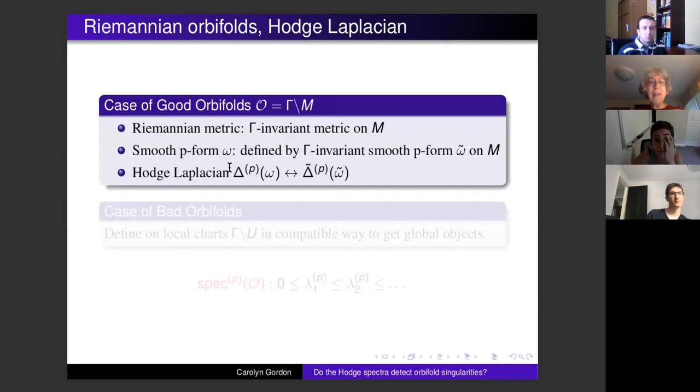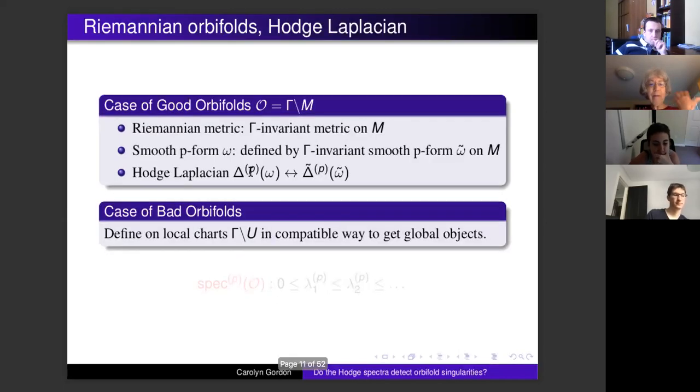To define the Hodge-Laplacian, forms on the orbifold just correspond to gamma-invariant forms on M. The Hodge-Laplacian on M will take gamma-invariant forms to gamma-invariant forms, since gamma is acting isometrically, and therefore defines a well-defined operator, the Hodge-Laplacian, on forms on the orbifold.